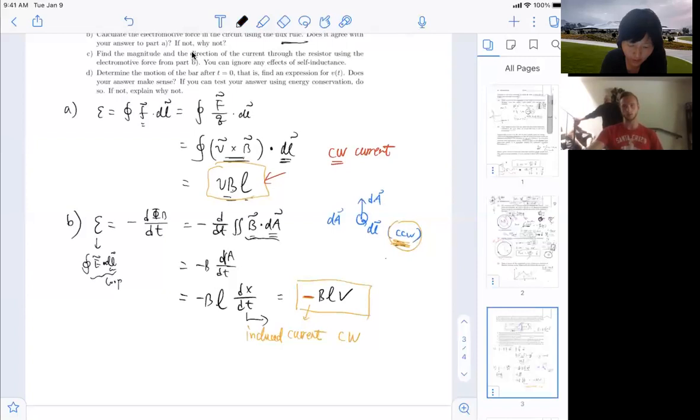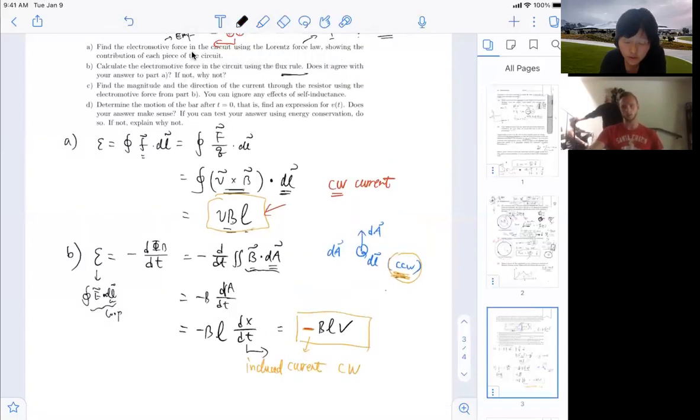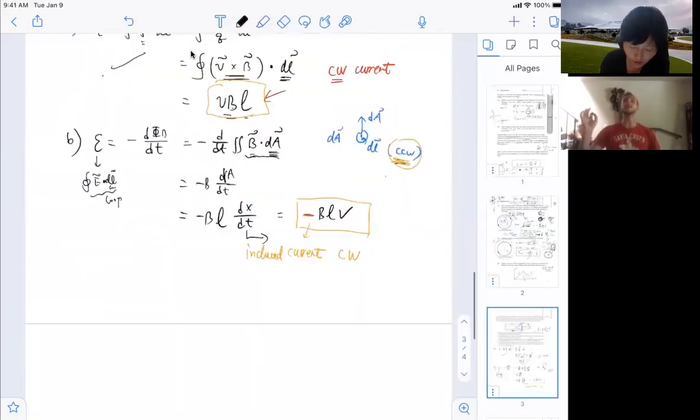Any questions so far before I do part C? Yes, go ahead. If I choose clockwise, dl is clockwise for part B, so what would be different for dA? Because we know that dA will flip direction.